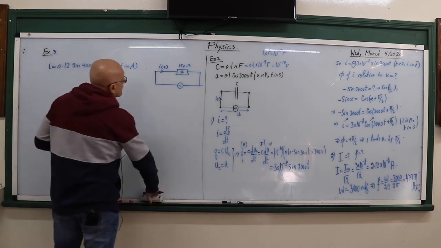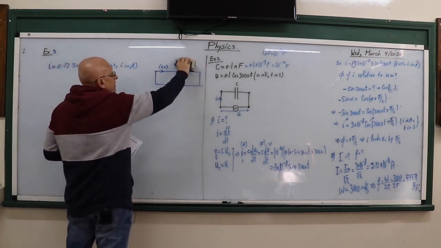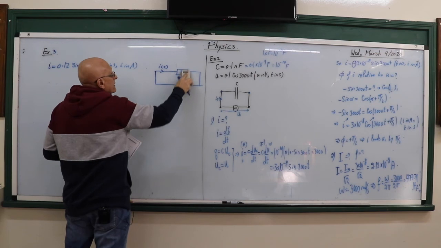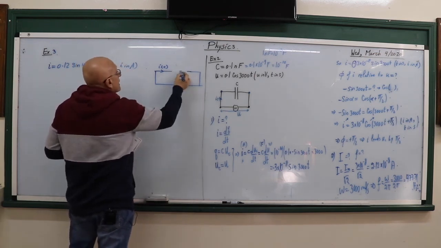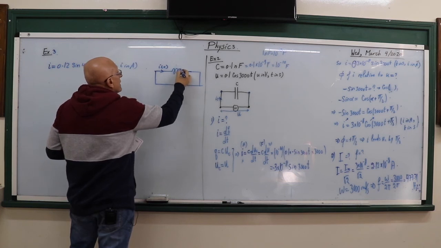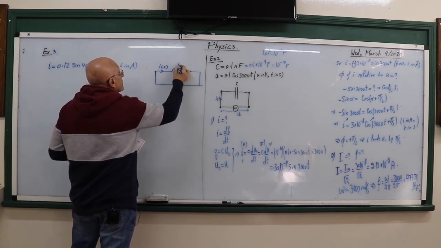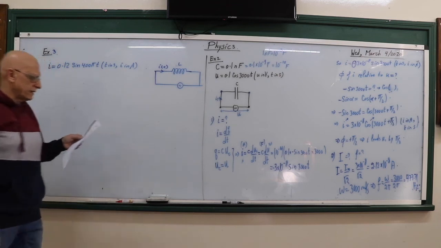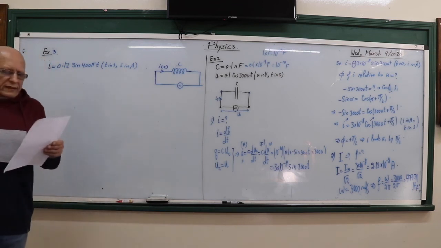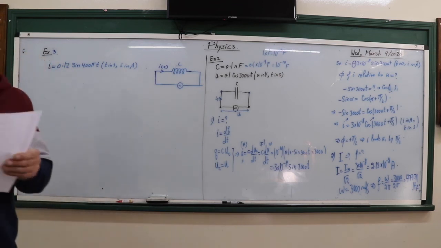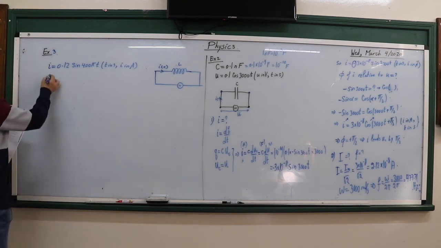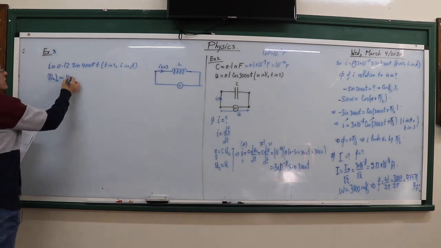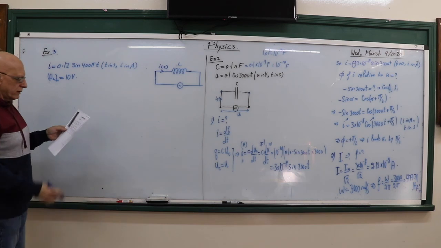I draw a figure the same as the previous ones, but here I am going to remove the resistor and place the pure inductive coil of inductance L. The maximum voltage of the coil is measured and found to be 10 volts, so UL maximum equals 10 volt.